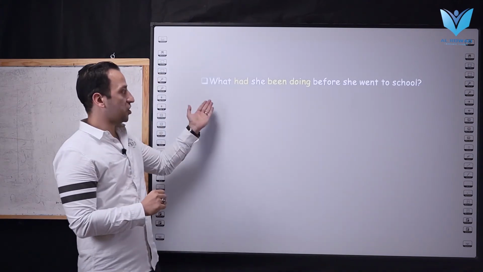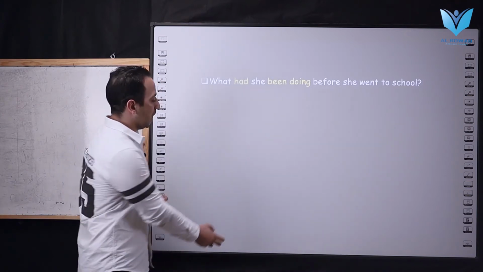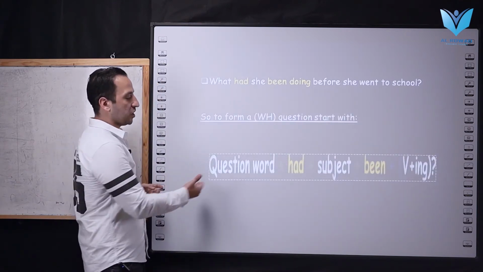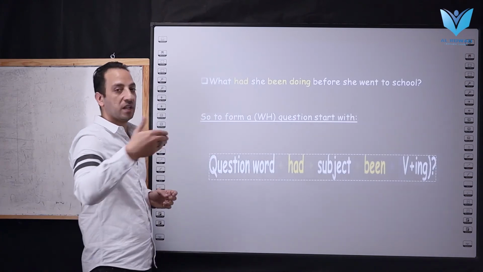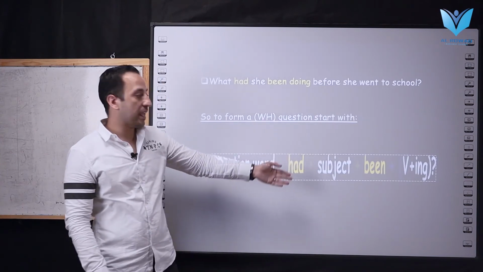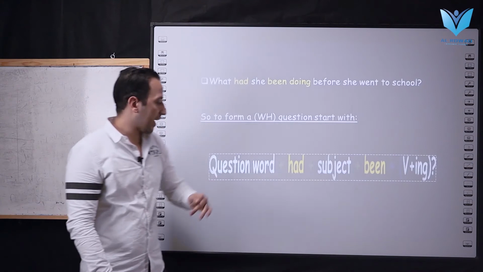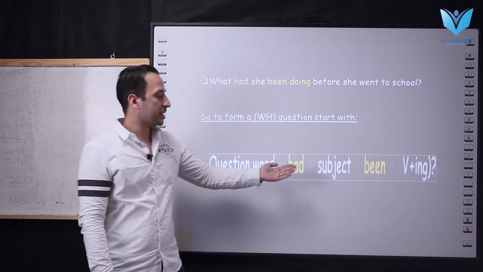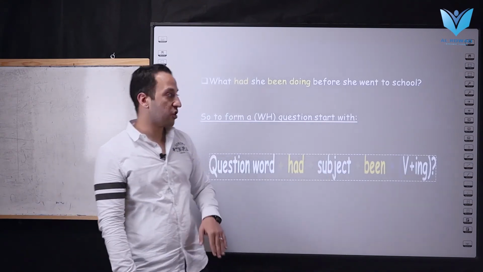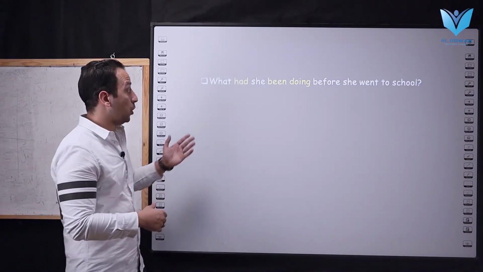So again, question word, had, subject, been plus verb plus ing. So the formation here is question word like what, where, when, and so on, plus had, plus subject, he, she, it, plus been plus verb plus ing. Again, question word, had, subject, been plus verb plus ing. This is the second kind of question, WH question.